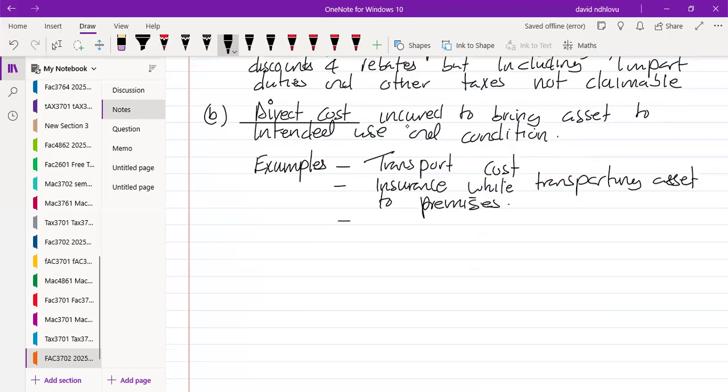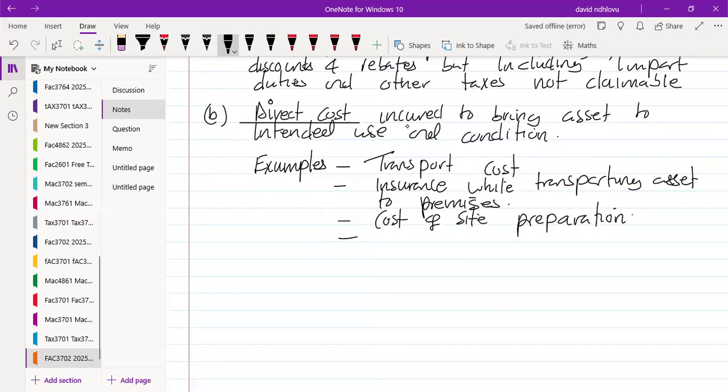Right, we also have cost of site preparation. It is quite possible that you bring in an asset from outside, but the place where you are going to place the asset must be prepared.